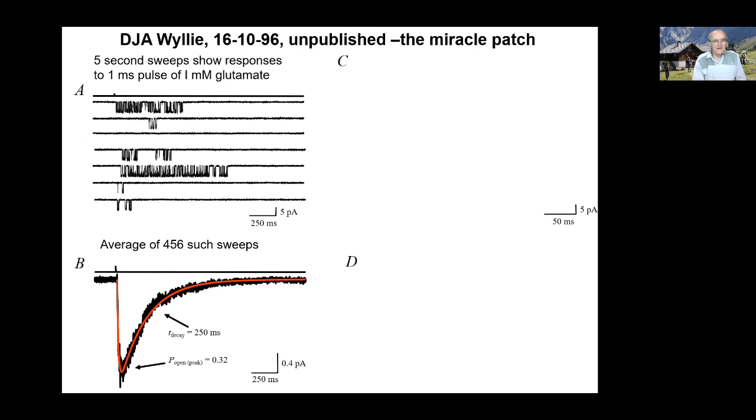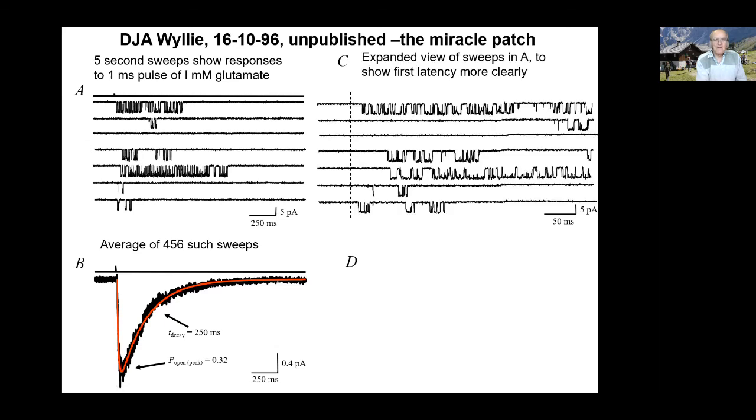In fact, it was described roughly by a time constant of 250 milliseconds. This is for the NR2A type channel. If we blow up those, so that was a 250 millisecond calibration.